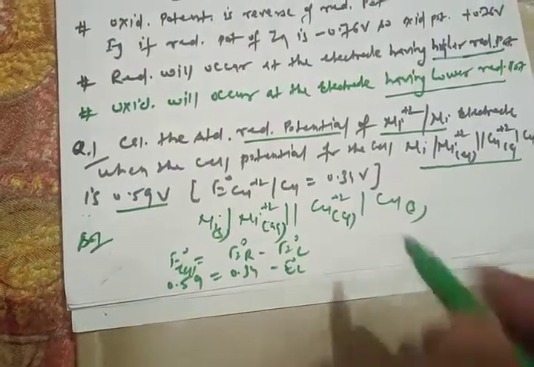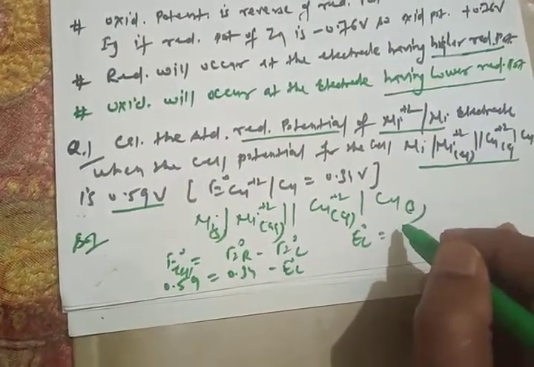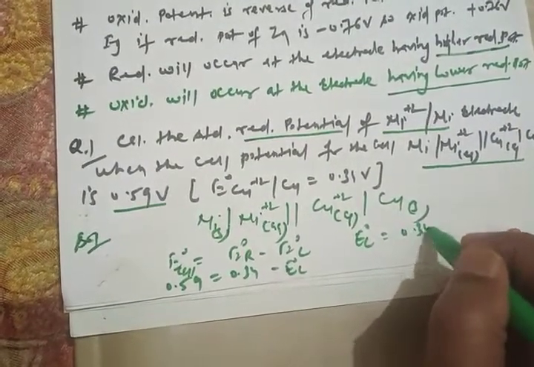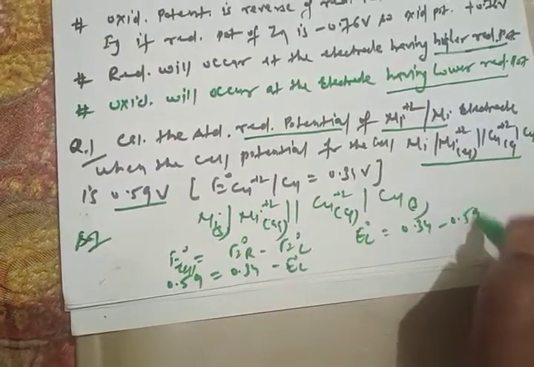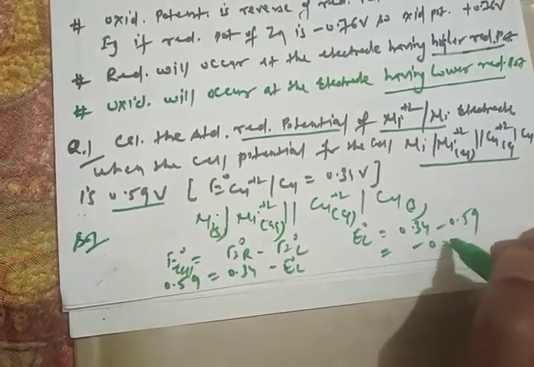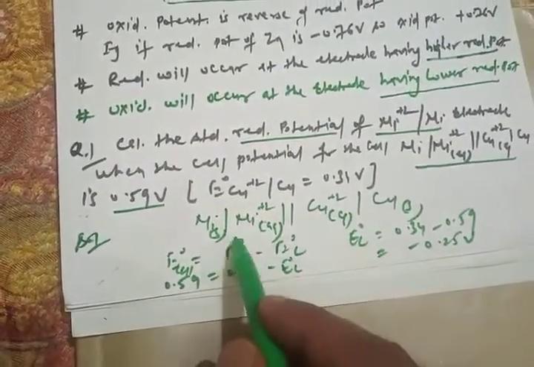So what will happen here? E naught L equals 0.34 minus 0.59, so this will give negative 0.25 volt. So this is the value of nickel.